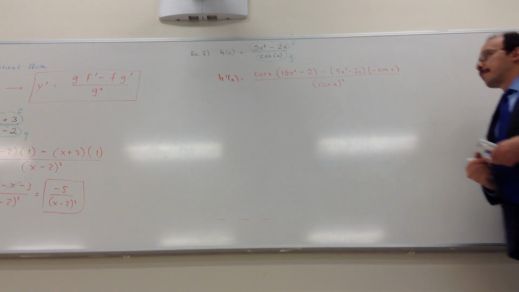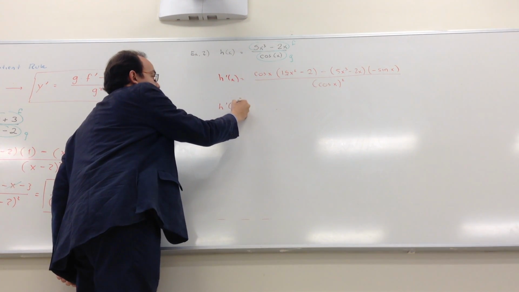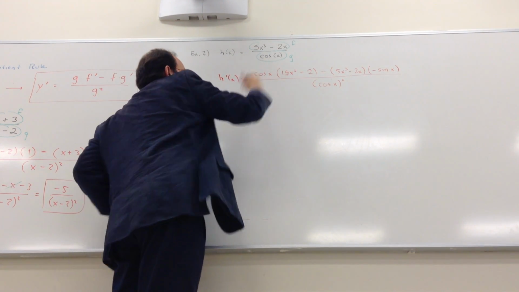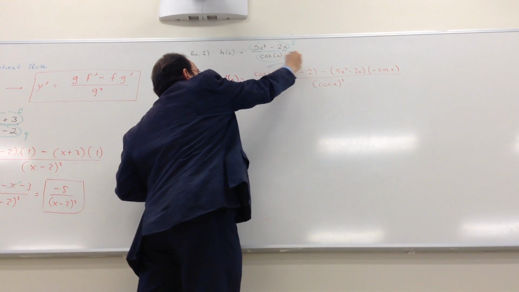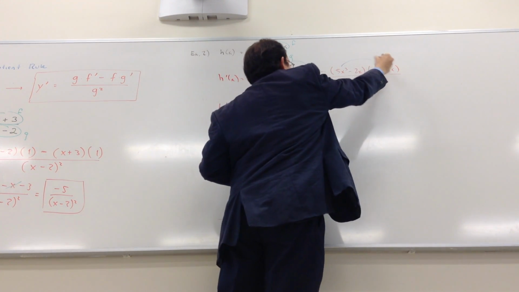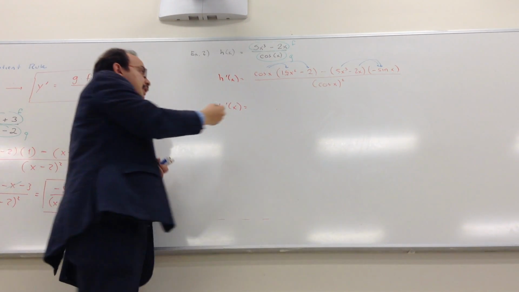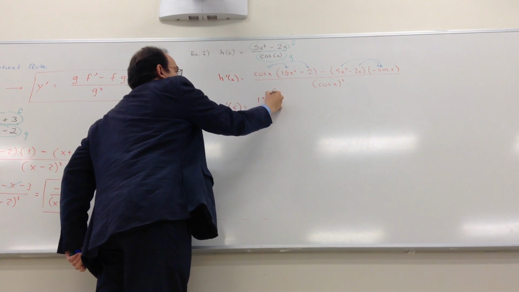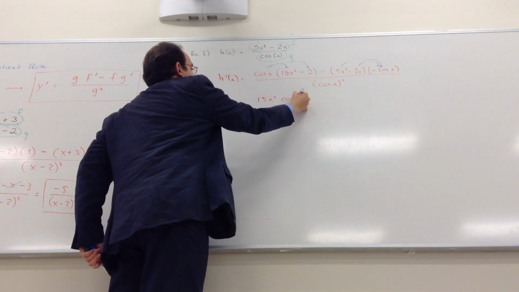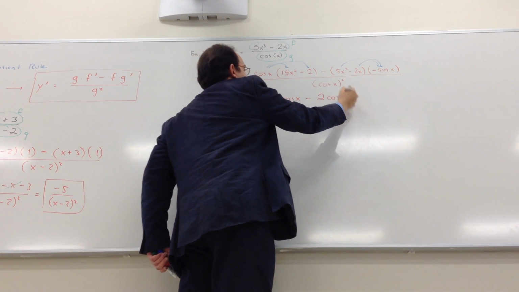And then we simplify. h prime of x is going to be: multiply this times this, this times that. So cosine of x times 15x squared is 15x squared cosine of x, minus 2 cosine of x.